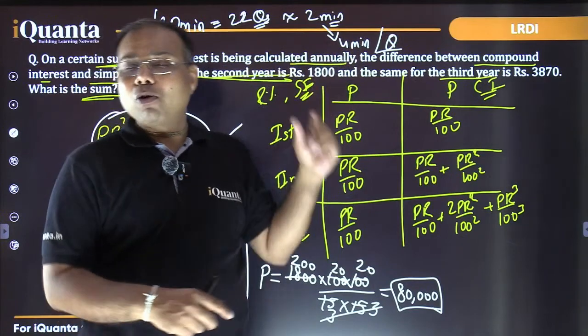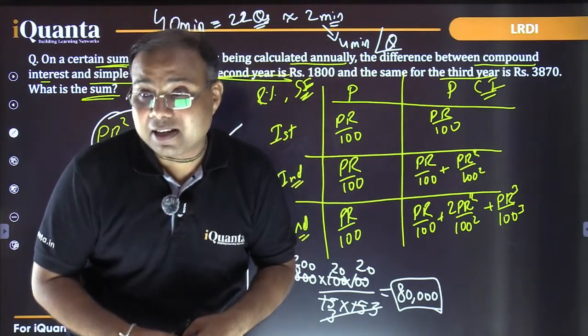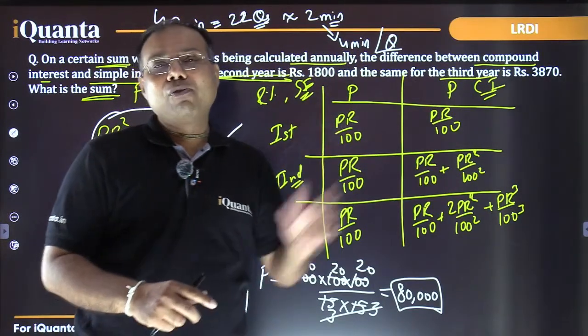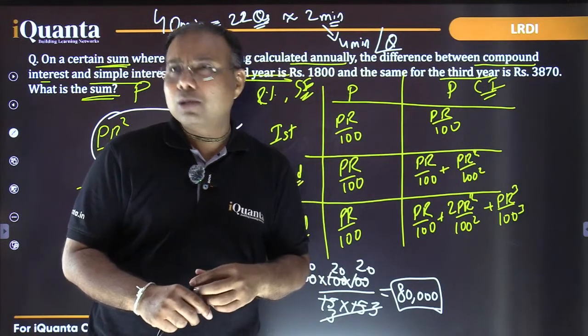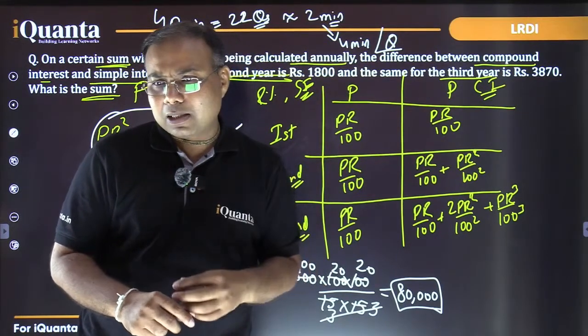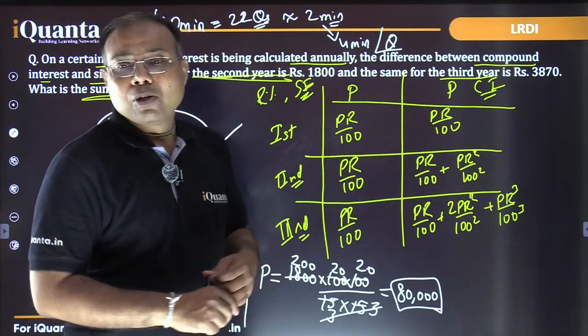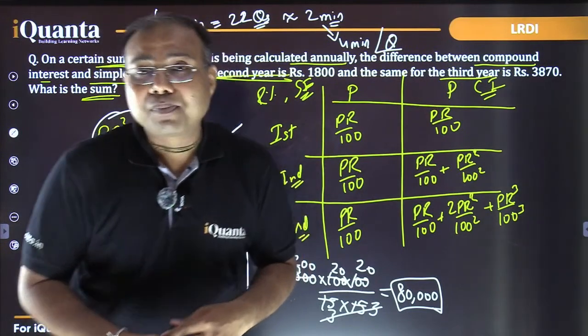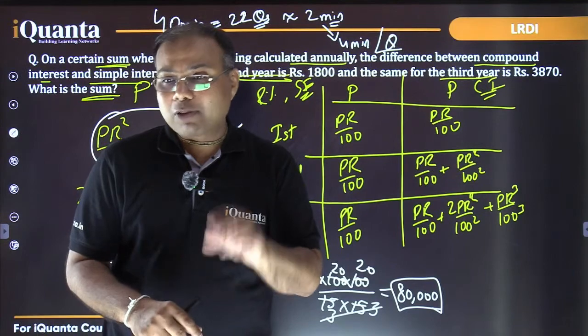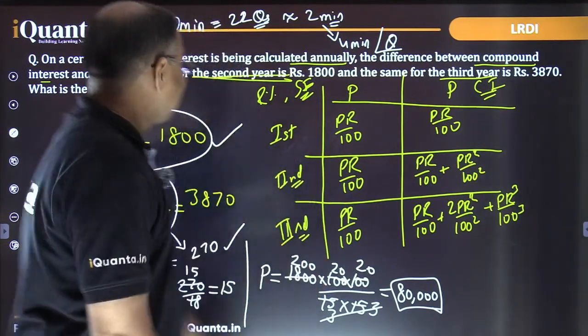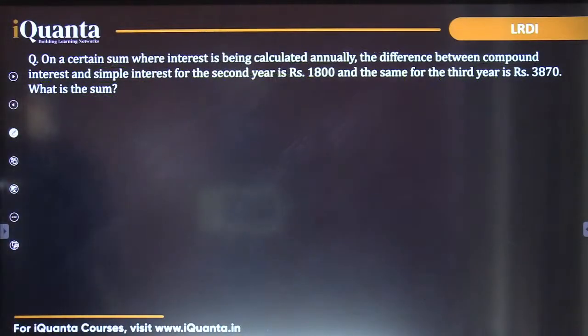They have always increased this value in the last many years. At that time in CAT also the time available per question was very less, but it is not so now. Okay, this question we have just done.